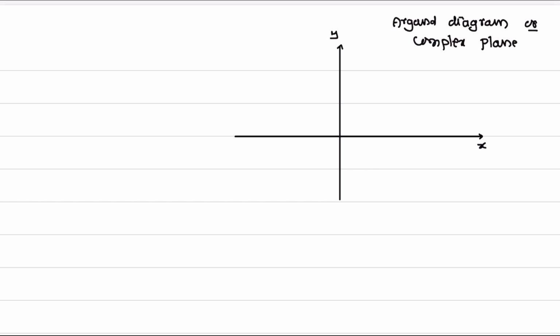The x-axis represents the real values, and the y-axis represents the imaginary values. Then a point P1 is represented by x1, y1, and another point P2 is represented by x2, y2.